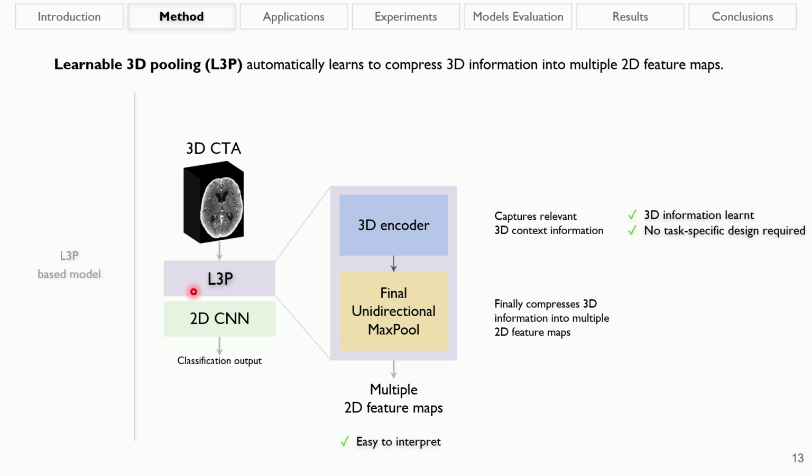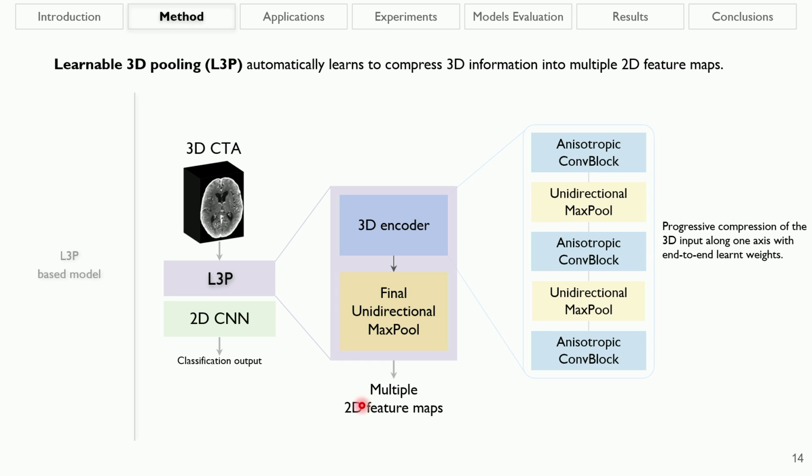And we said that L3P is able to automatically learn to compress the 3D info into multiple 2D feature maps. How? L3P incorporates a lightweight 3D encoder to capture the relevant 3D context information and a final unidirectional max pooling, which finally compresses the 3D information into the multiple 2D feature maps.